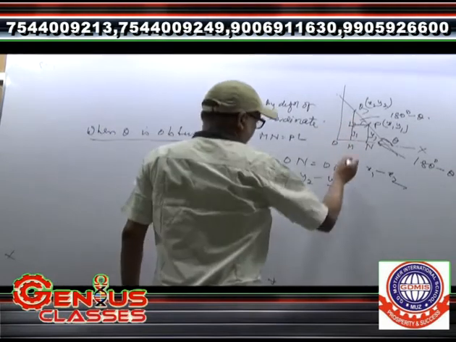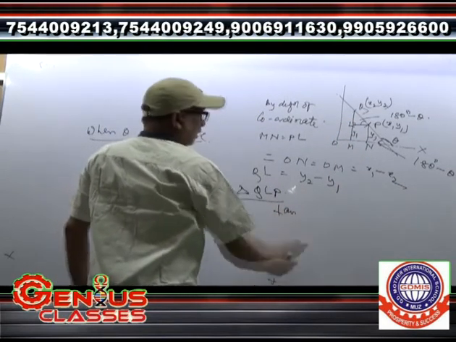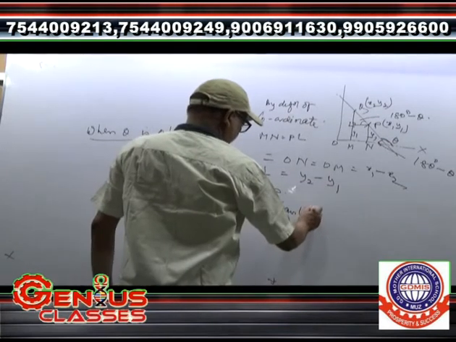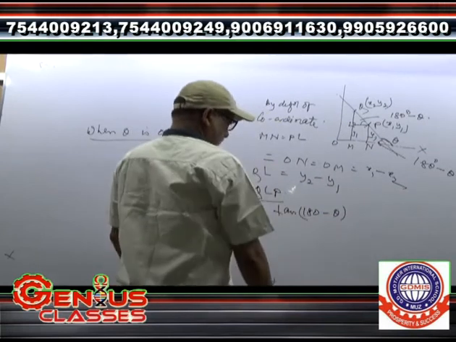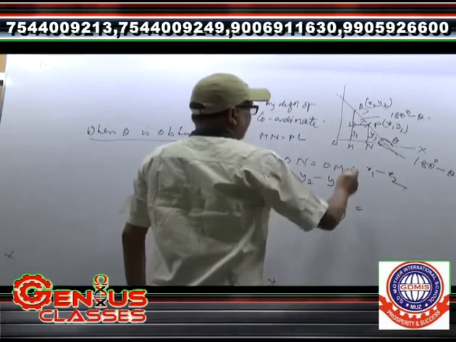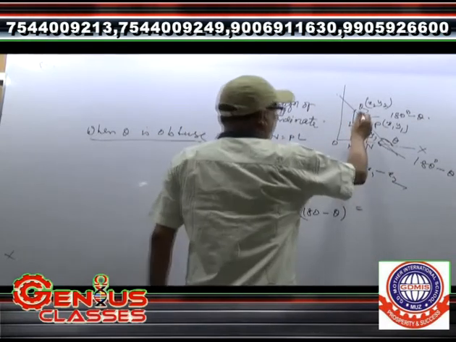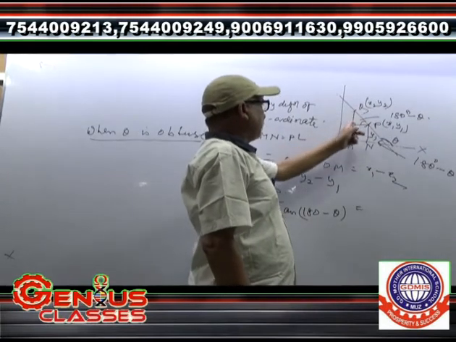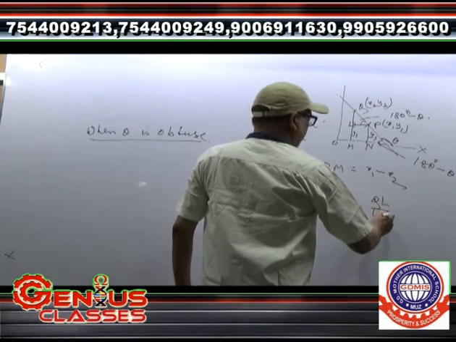this angle tan 180 minus theta is equal to, this angle 90 degree and this angle 180 minus theta. Therefore हम 180 minus theta की वैल्यू फाइंड करेंगे. तो ये हो गया परपेंडिकुलर बटा बेस, यानी QL बटा LP.